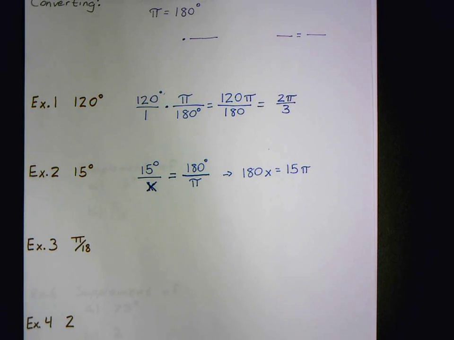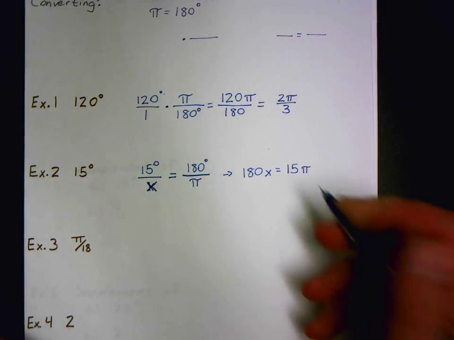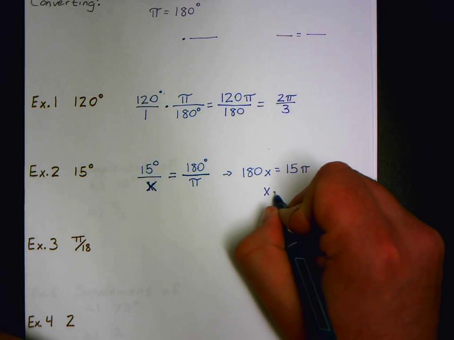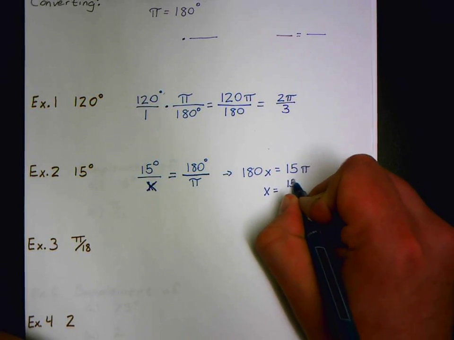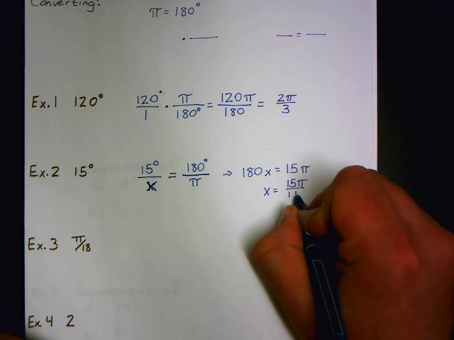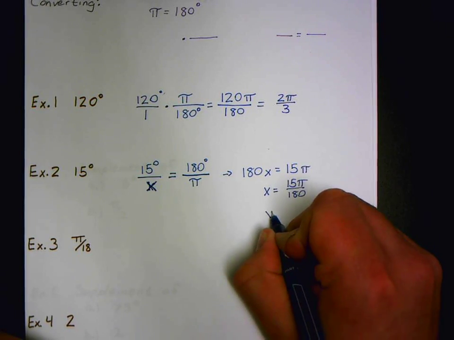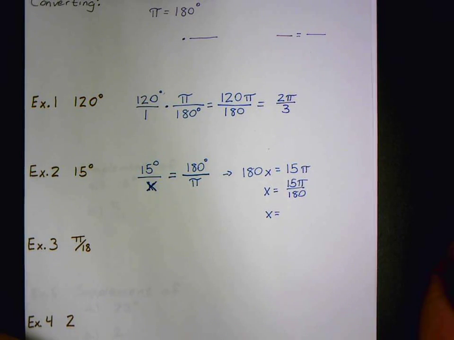You could use anything. I could use pi over 2 and 90. It's just that this is the place where the calculations are easiest. Okay, reduce that.